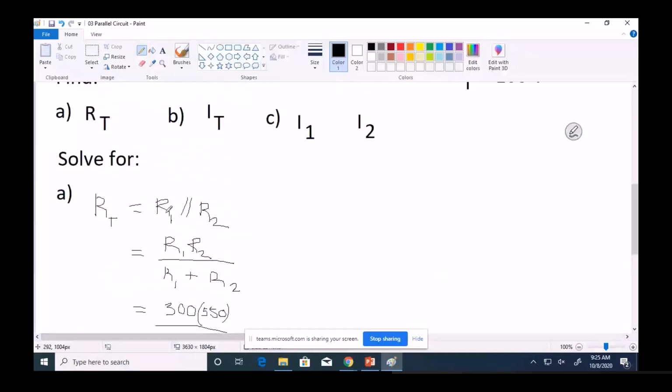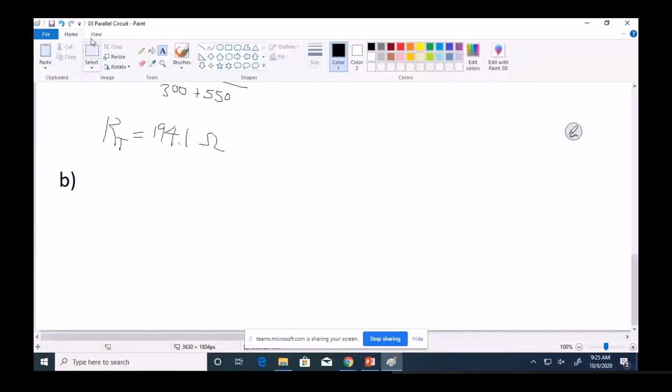Next problem is looking for the I total. So we go to B. I total will be here. You will recall Ohm's law again. This is the I total, V over R. This is the easy way because we have the R total.